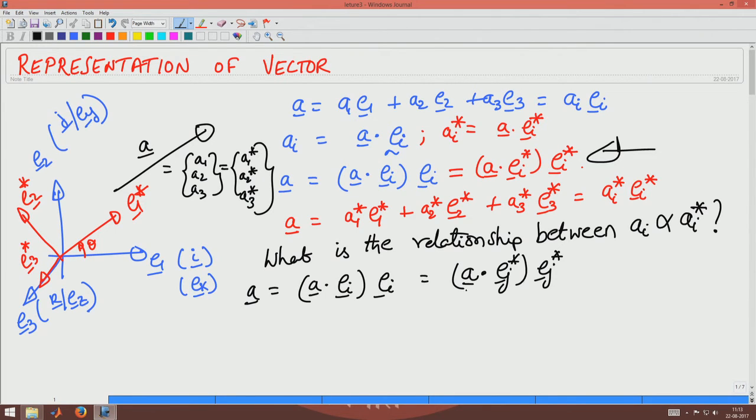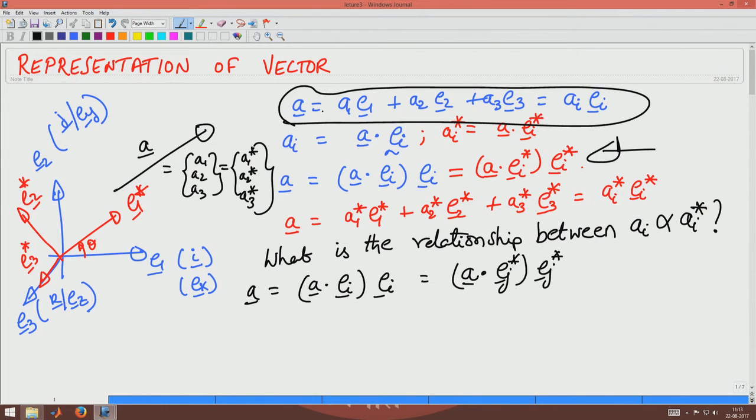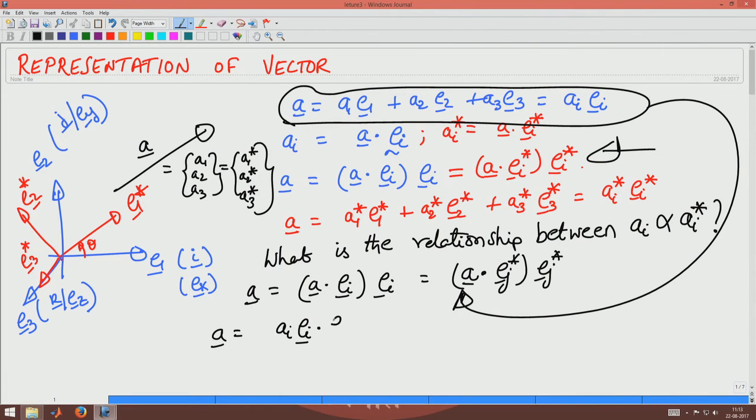Now for A I substitute the fact that it can be written as this, and substitute for A here to get A as Ai, Ei dotted with Ej star times Ej star.